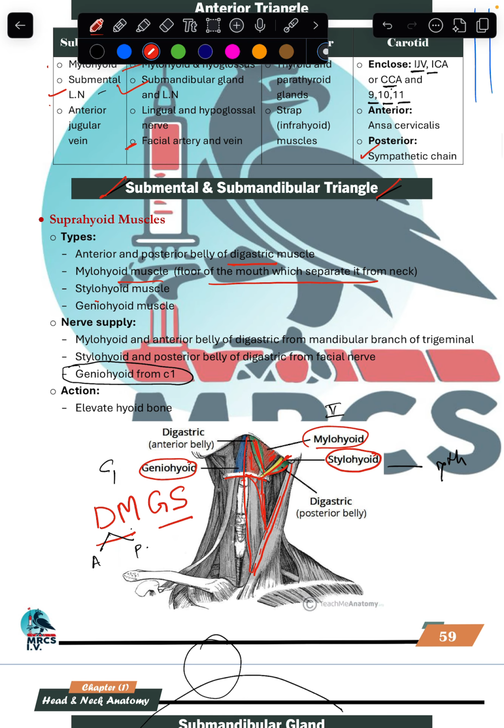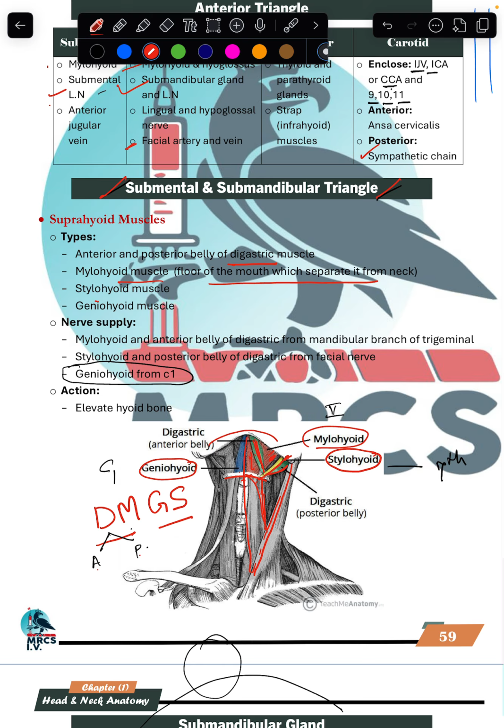So the nerve supply: mylohyoid and anterior belly of digastric are supplied by the mandibular branch, and posterior belly from the facial, and geniohyoid from C1. So DMGS: digastric, mylohyoid, geniohyoid, stylohyoid.